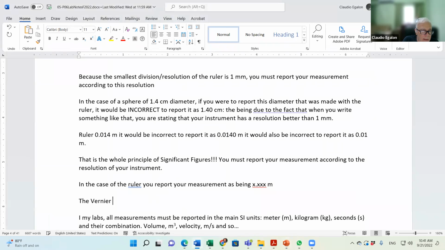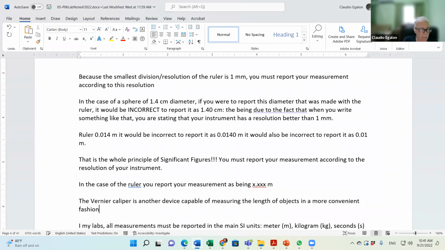The vernier caliper is another device capable of measuring the lengths of objects in a more convenient and accurate fashion.